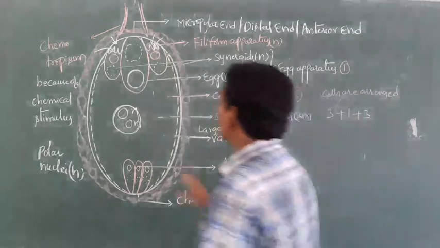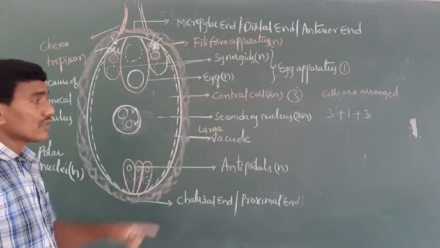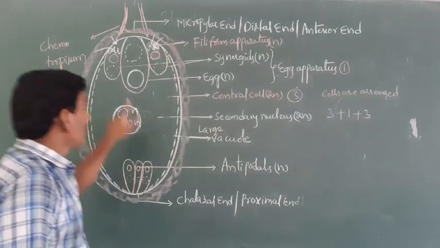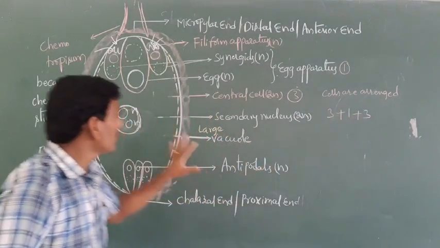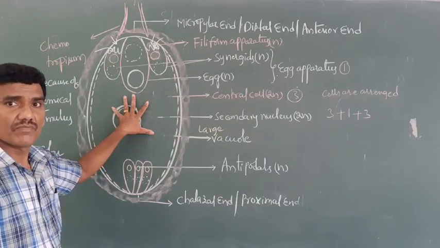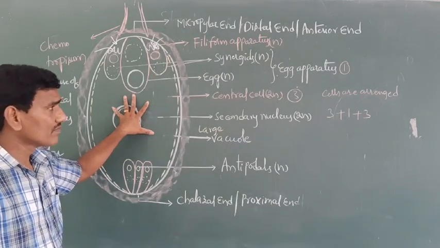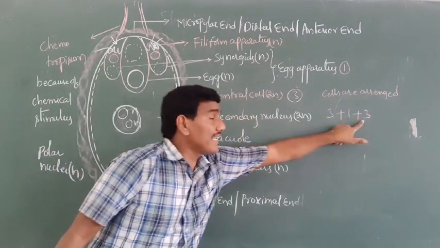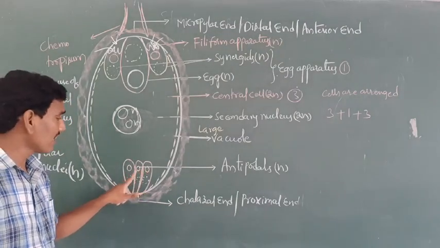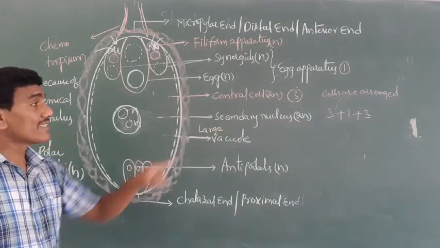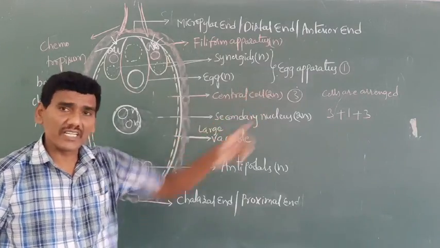If you clearly observe this diagram, there are three cells, then one cell, which is the central cell, then three cells. The cells are arranged 3 plus 1 plus 3.